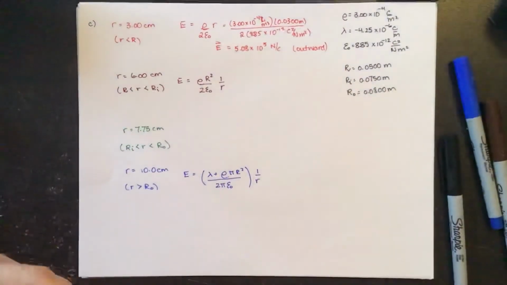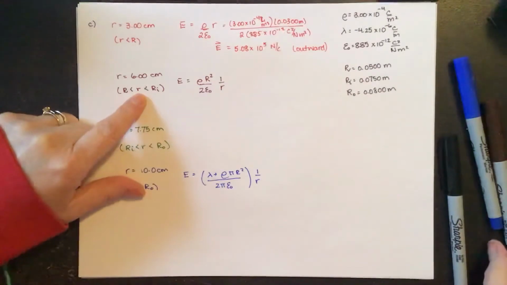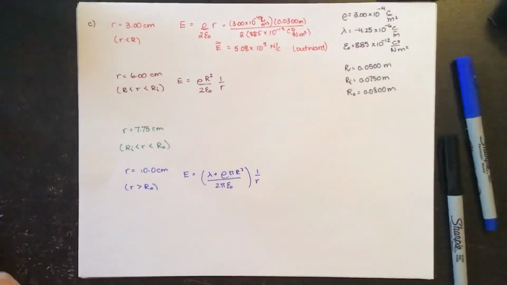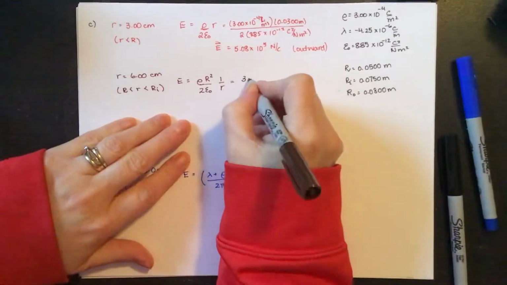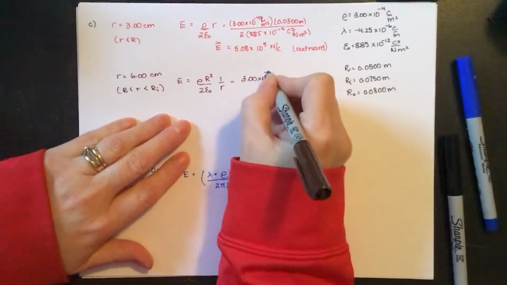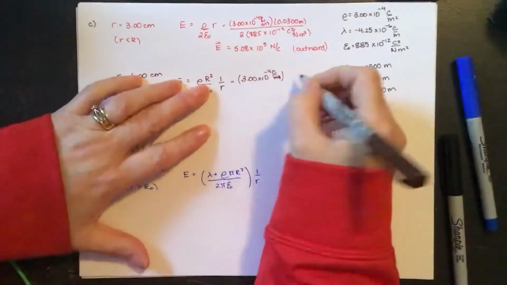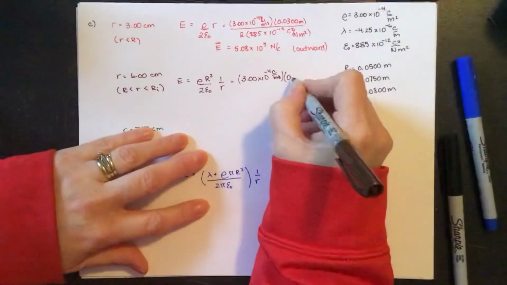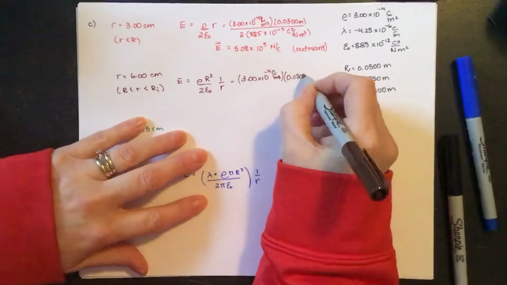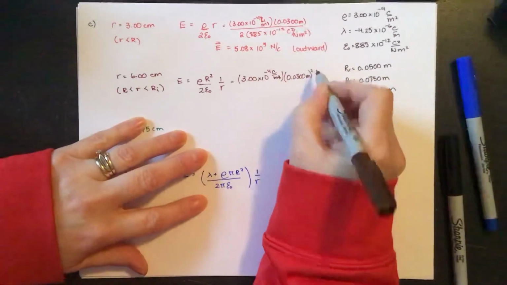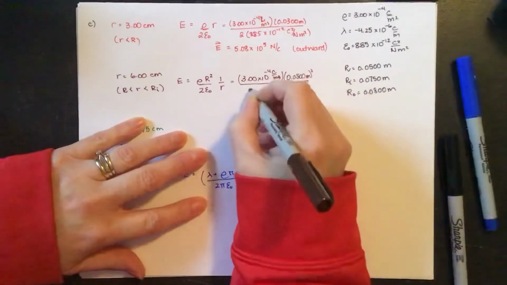Okay, the next place we wanted to find the field was at 6 centimeters. That's in between the insulator and the conductor, so we'll use our equation there, which is density of the insulator times the radius of the insulator squared. The radius of the insulator was 5 centimeters. Got to work in meters here, so all the units work out.